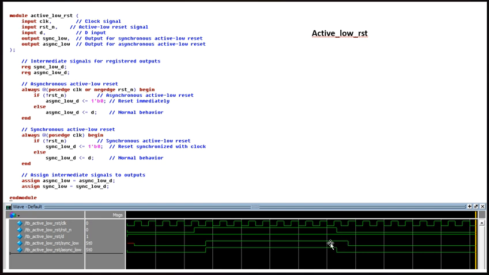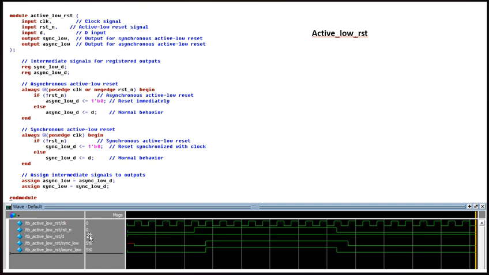But in asynchronous, it gives output immediately whenever the system goes to reset, meaning whenever the negedge of reset is applied, the asynchronous reset system will work immediately, but in synchronous it will work with the next clock edge. That is the main difference between synchronous and asynchronous reset.